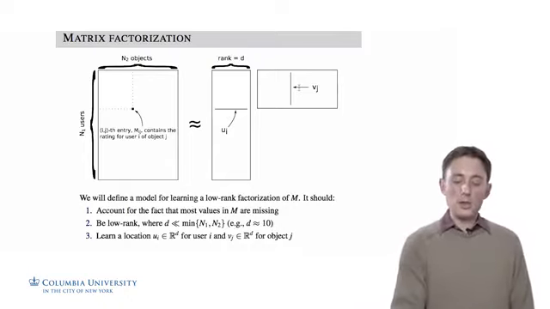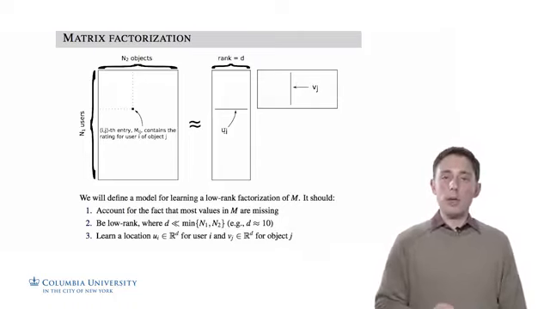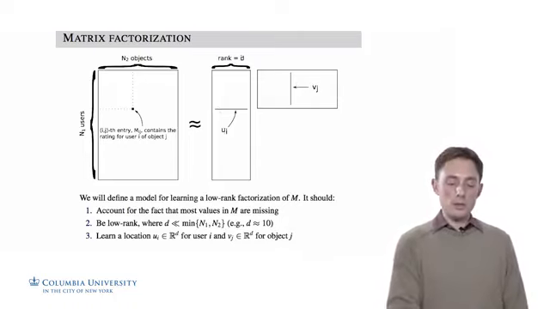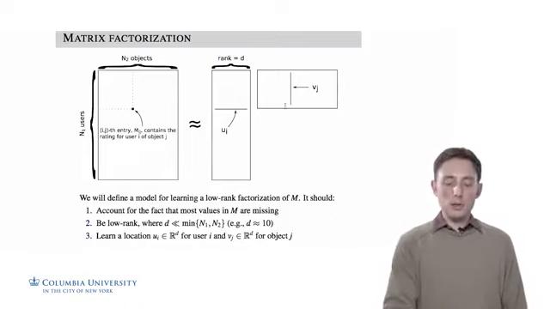And so these are the locations that we're going to give. The ith user has a location in R^d, equal to the vector U_i, which is the ith row of this matrix. And the jth object has a location in R^d, which is equal to the jth column of this right matrix.